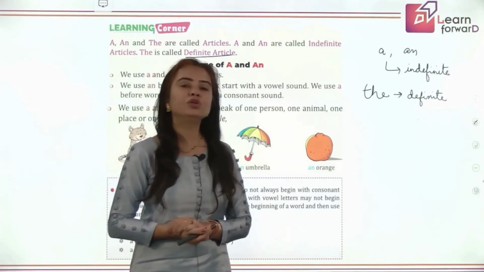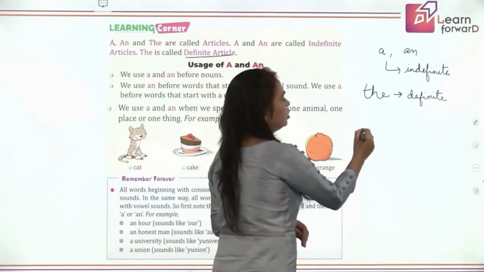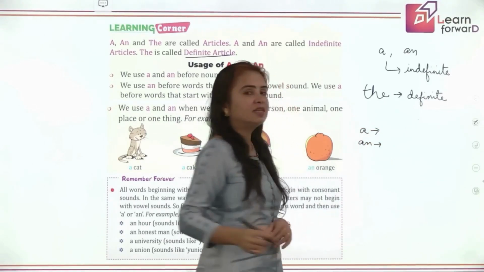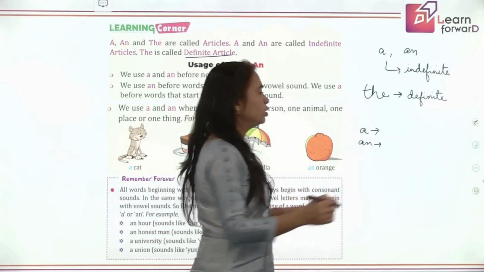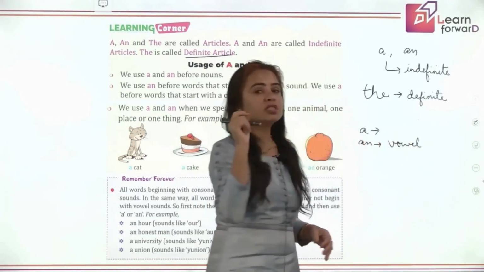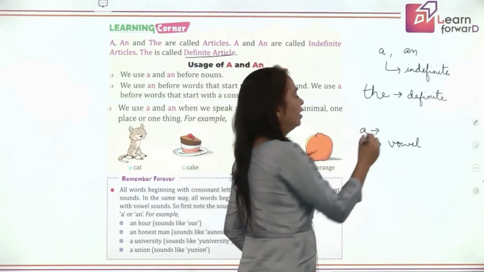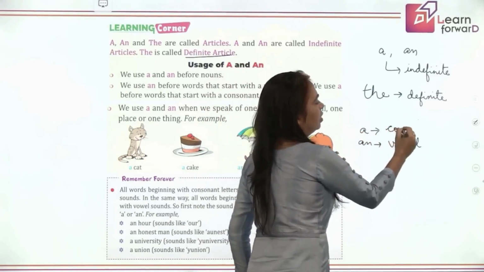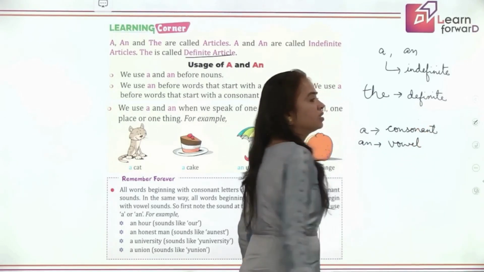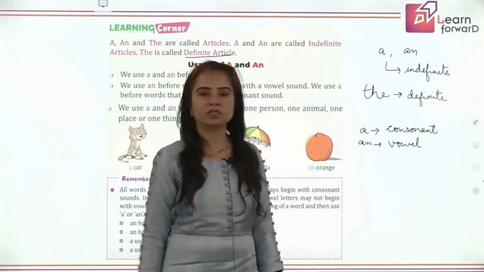So what you should know is, we have just done vowels and revised them. An is used before vowel sounds, when the initial sound is a vowel sound, and a is used before a consonant sound, that means the sounds that are not vowel sounds. Okay.